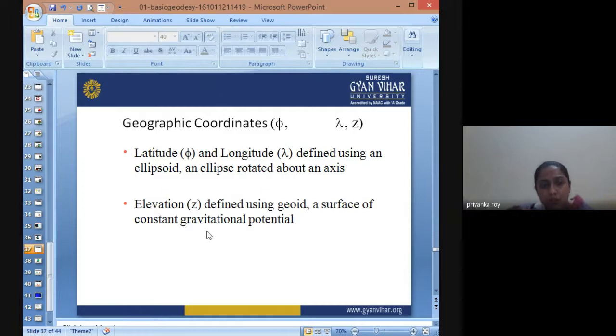Now, geographic coordinates. We also need to know what geographic coordinates are. Latitudes and longitudes are defined using the ellipsoid, which rotates around its axis. The elevation, the 3D direction, is defined as z, using the geoid as a surface of constant gravitational potential.